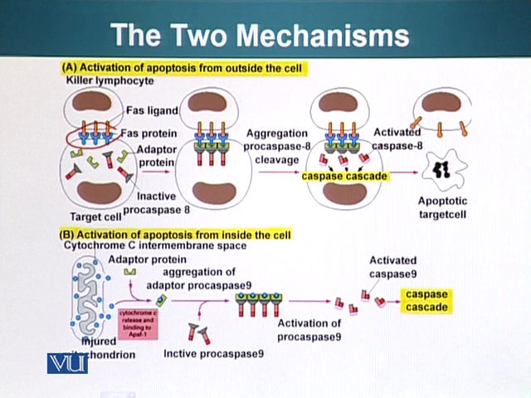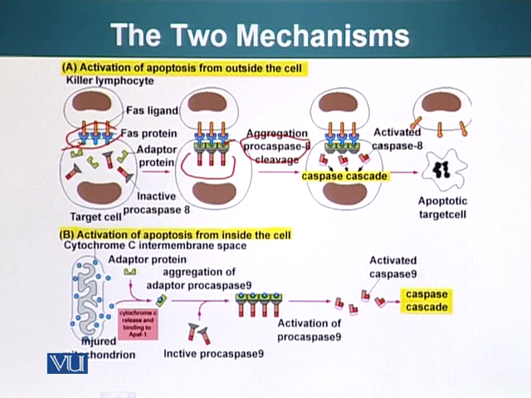This binding causes a conformational change in the cytoplasmic domain of the Fas protein that results in binding of a particular adapter to it. This adapter recruits a caspase called procaspase 8. Caspases, as I mentioned earlier, are weakly proteolytic.